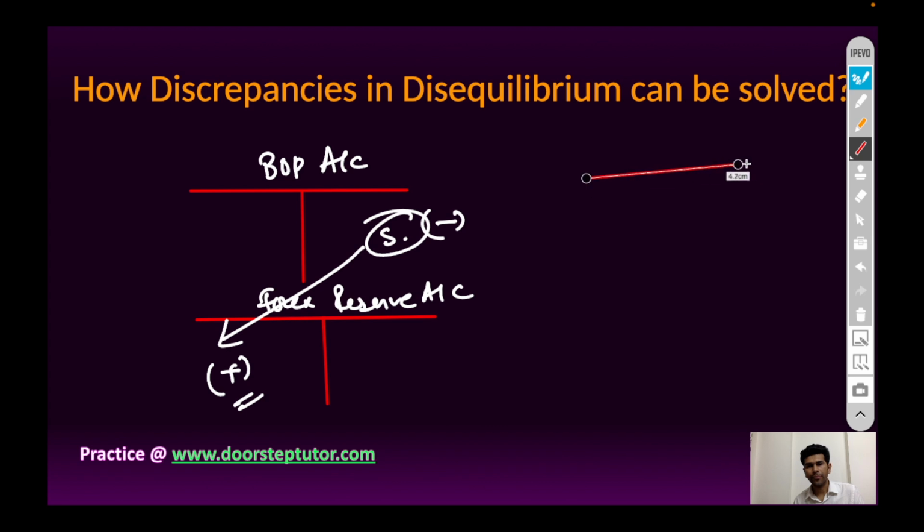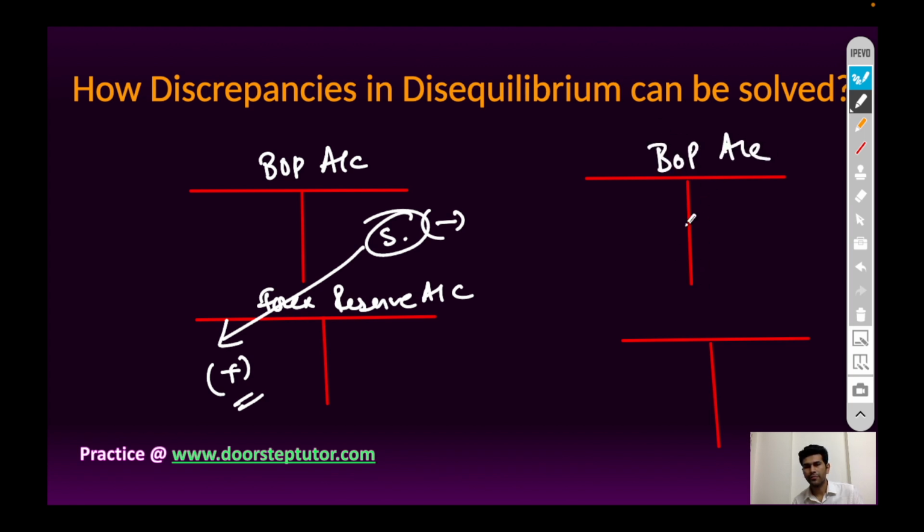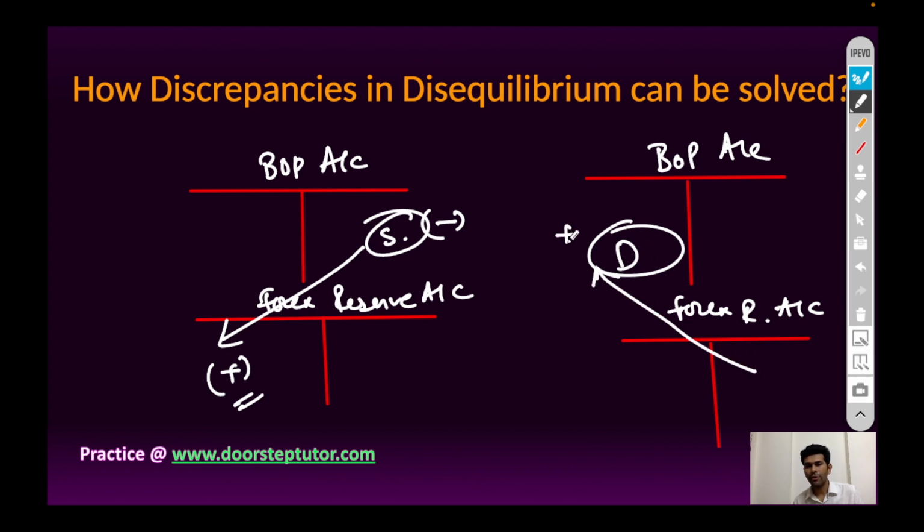Similarly, if there is a deficit in balance of payment, then it will be adjusted from the foreign exchange reserve account.